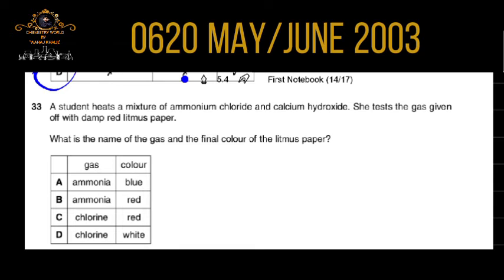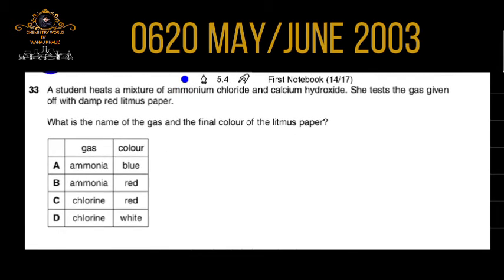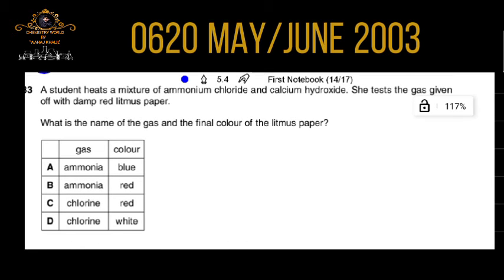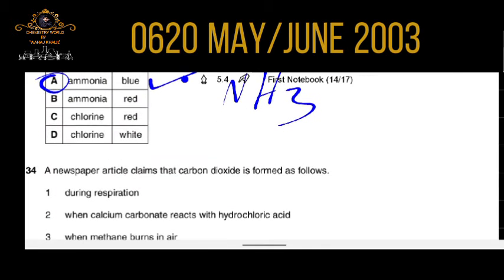What is the name of the gas and the final color of the litmus paper? Now the litmus paper is red. It means its color changes into blue for ammonia, NH3, it is a base.